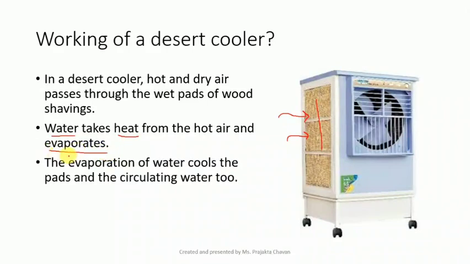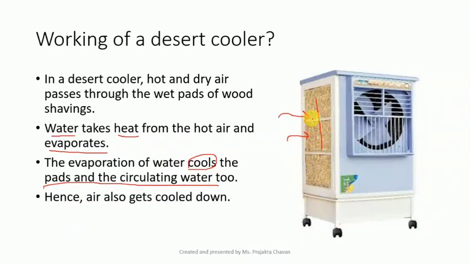So because of evaporation, the water which is continuously circulating, and also the wood shavings or the dry grass, both of them, what will happen? It will become cooler. And if the wood shavings or the water is cooler, the air surrounding them will also become cooler. And hence, the air which comes out of a desert cooler is cold.